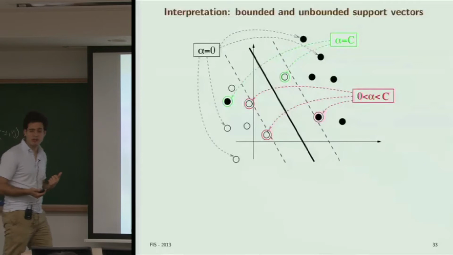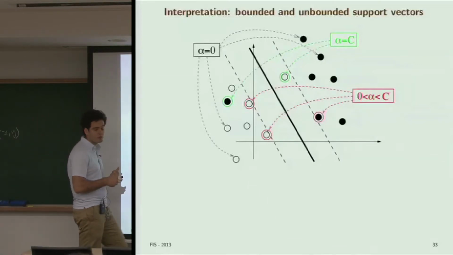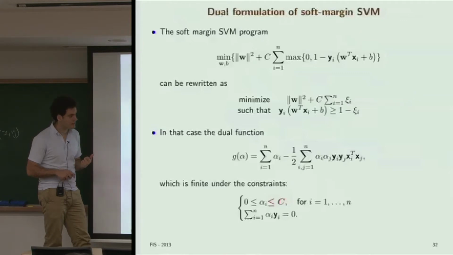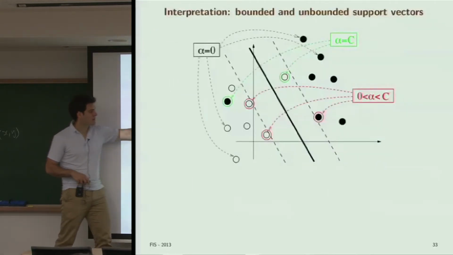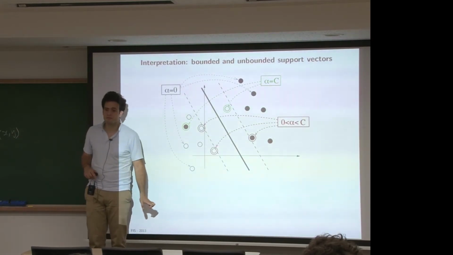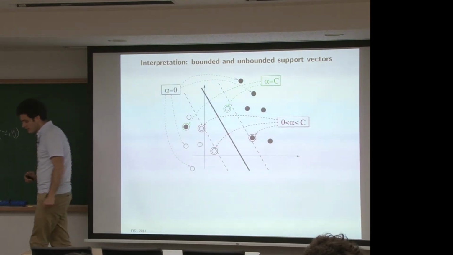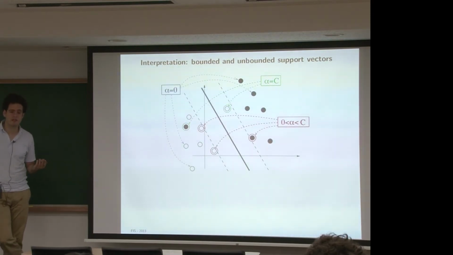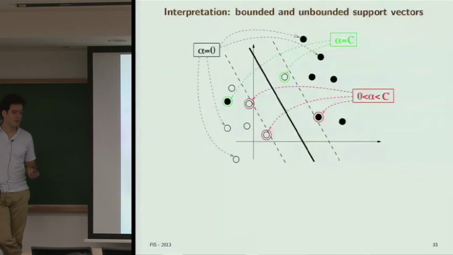Or the last possible case is alpha i is equal to C. Remember that alpha i cannot be bigger than C, but if it's exactly equal to C, then basically we have all the errors made by the hyperplane. Okay? So in the linearly separable case, there are two cases, 0 or positive. With a soft margin formulation, there are three possible cases: 0, between 0 and C, and C.